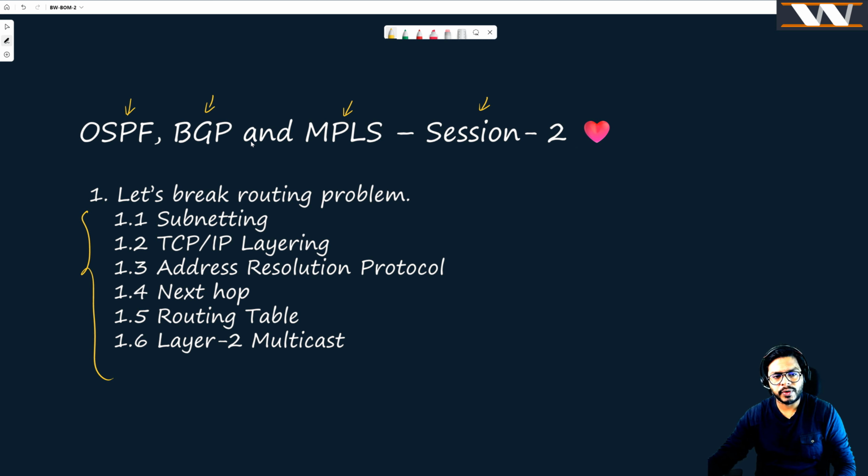So yesterday we talked about subnetting, but I was giving it a thought that let's make a complete course on routing. I will let you know how to divide a particular network into different subnetworks, right?